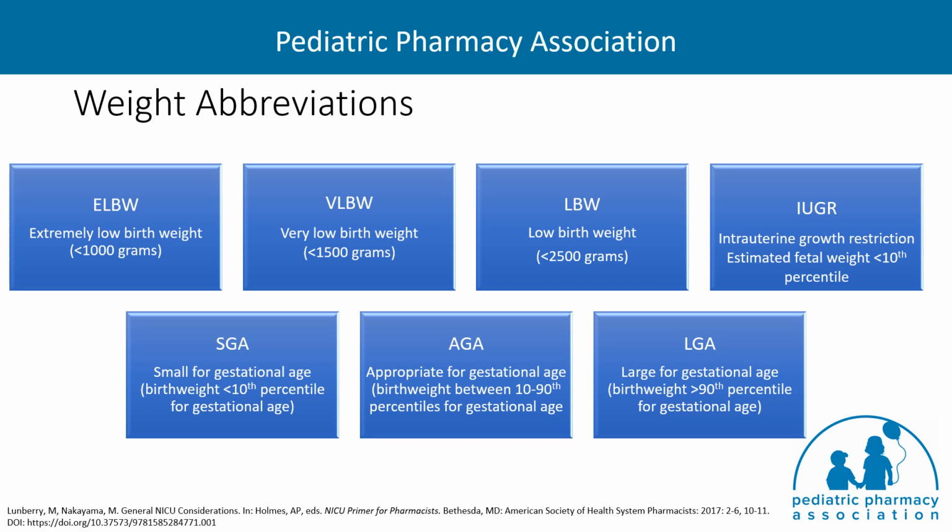These babies have an elevated risk of hypoglycemia, temperature instability, polycythemia, and elevated mortality rates. AGA is appropriate for gestational age, and these babies will fall in the 10 to 90th percentile, with our LGA babies being the last category. These are greater than 90th percentile, and oftentimes this is seen in infants of diabetic mothers.